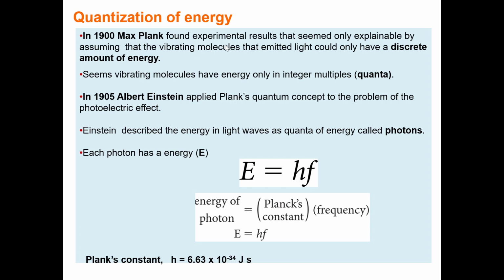Then in 1900, Max Planck, the scientist who conducted the photoelectric effect experiment, proposed that the only way he could explain the results in his experiment was to consider the light as vibrating molecules that emit light only if they have a discrete amount of energy.